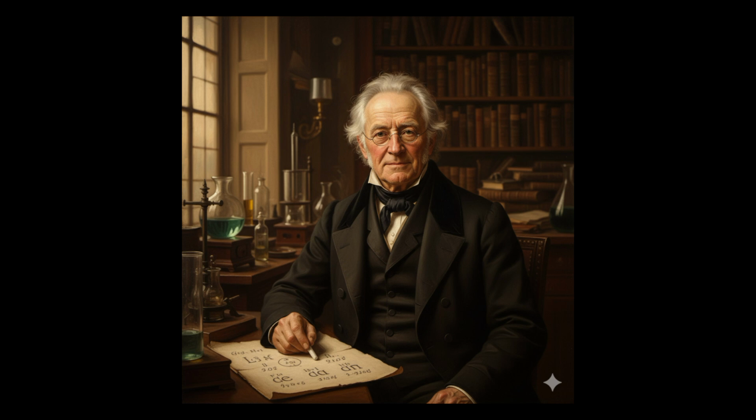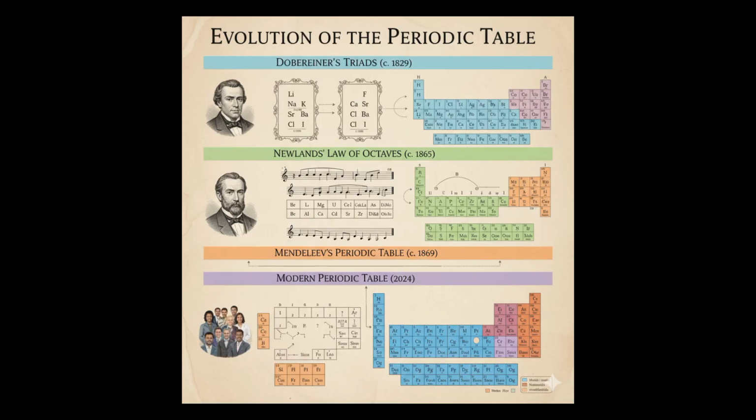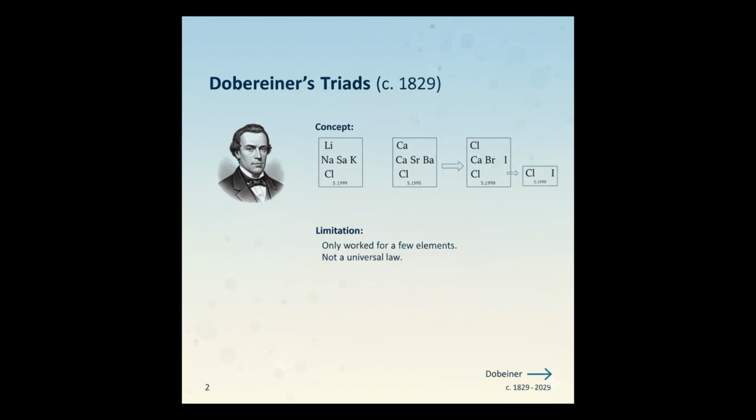He called these groups triads. He found a mathematical relationship in each triad. The atomic weight of the middle element was almost exactly the average of the atomic weights of the other two elements. Middle atomic weight equals atomic weight of element 1 plus atomic weight of element 3, divided by 2.